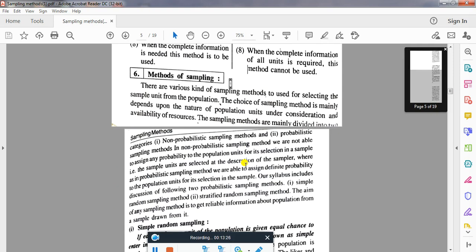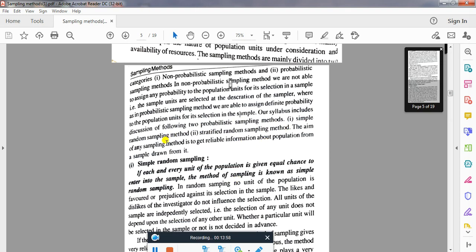So, methods of sampling. There are two kinds of methods: probabilistic sampling method and non-probabilistic sampling method. In our syllabus, we have the probability sampling method, and in it we have 2 methods only: simple random sampling method and stratified random sampling method.